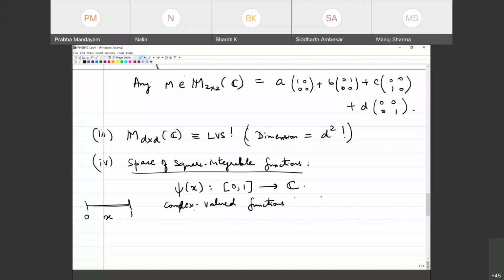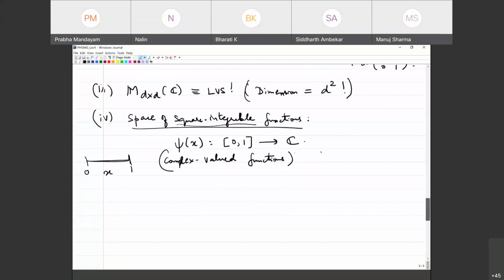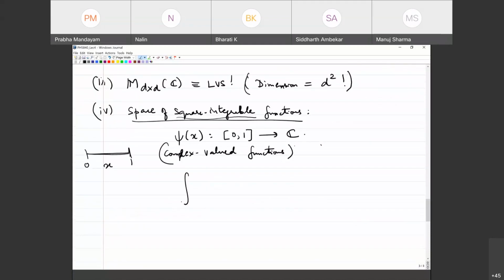And the fact that they are square integrable means that when I write this integral, which is psi star psi, or equally mod psi of x squared, this integral does not blow up.